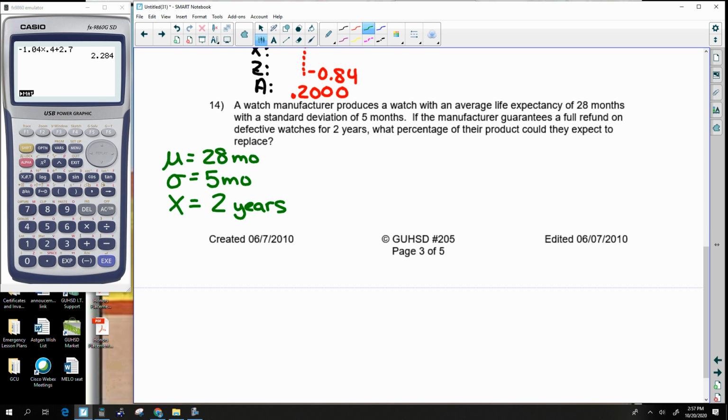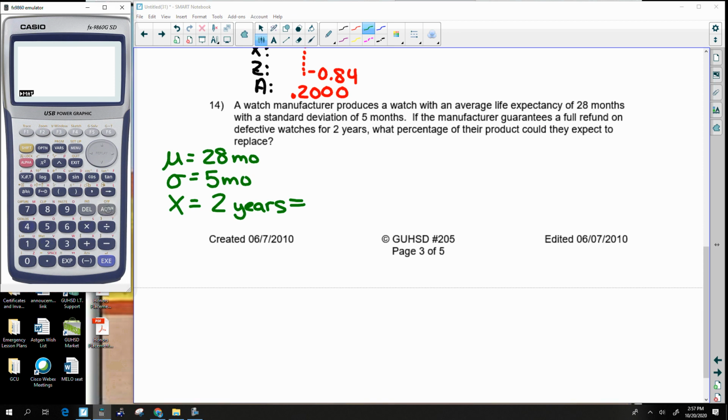The easiest way to get this rolling is to turn the larger type of unit into a smaller type of unit, like hours into minutes, days into hours. In this situation, that's turning years into months. There are 12 months in every year.